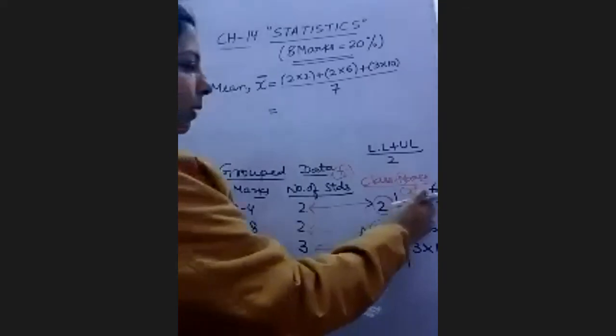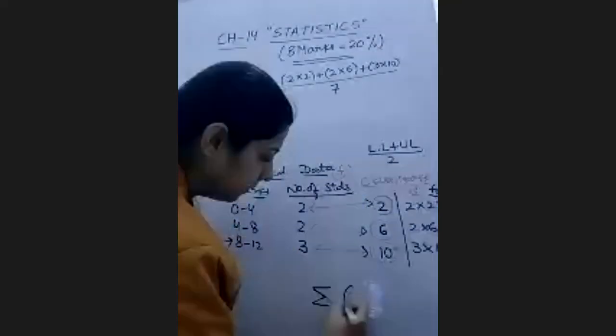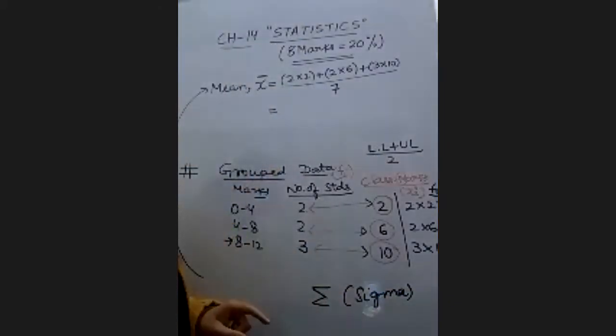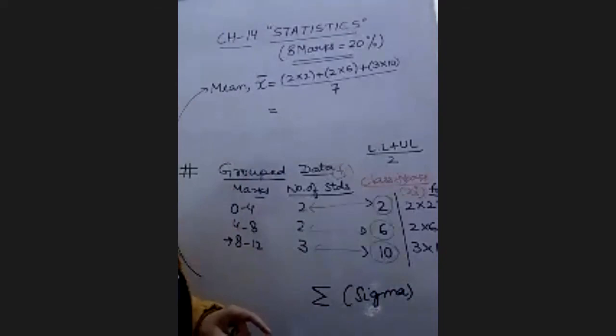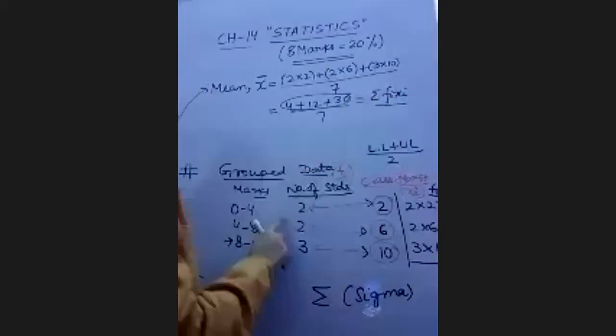So when you are multiplying frequency and class mark, there is a symbol called sigma. It is also known as summation, sum of all. So I'm going to add these entries: 4 plus 12 plus 30, divided by 7. So this is summation fi xi.